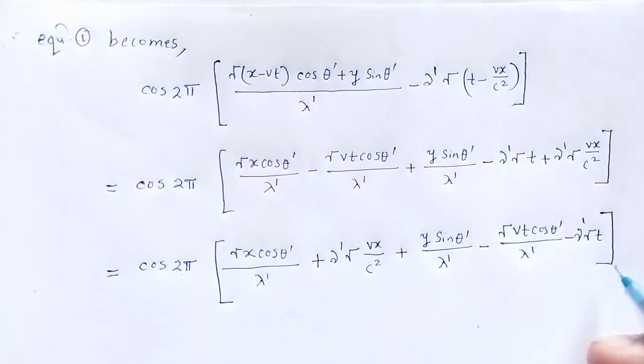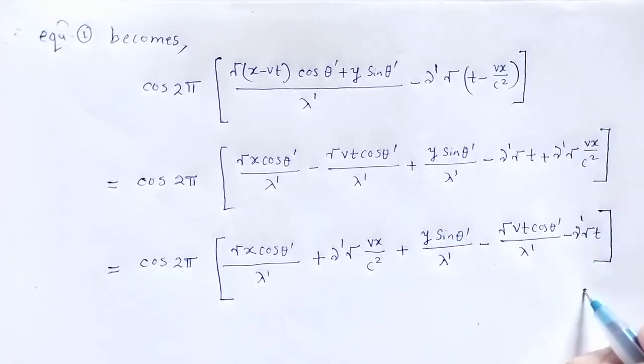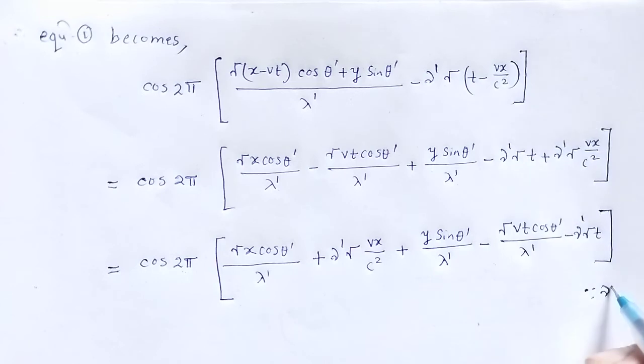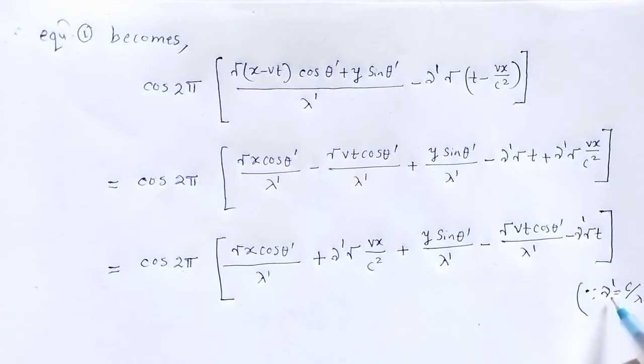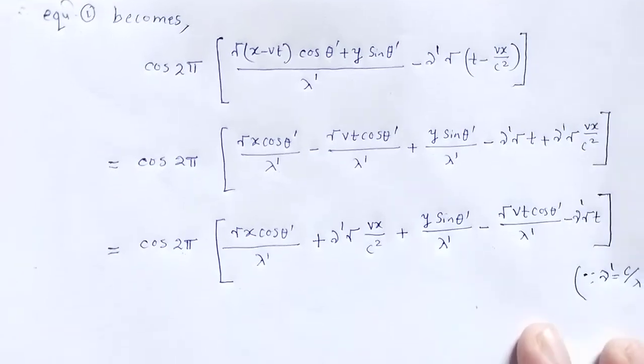Now we put in place of nu dash, that is c by lambda dash, as c is equal to the multiplication of nu dash and lambda dash.